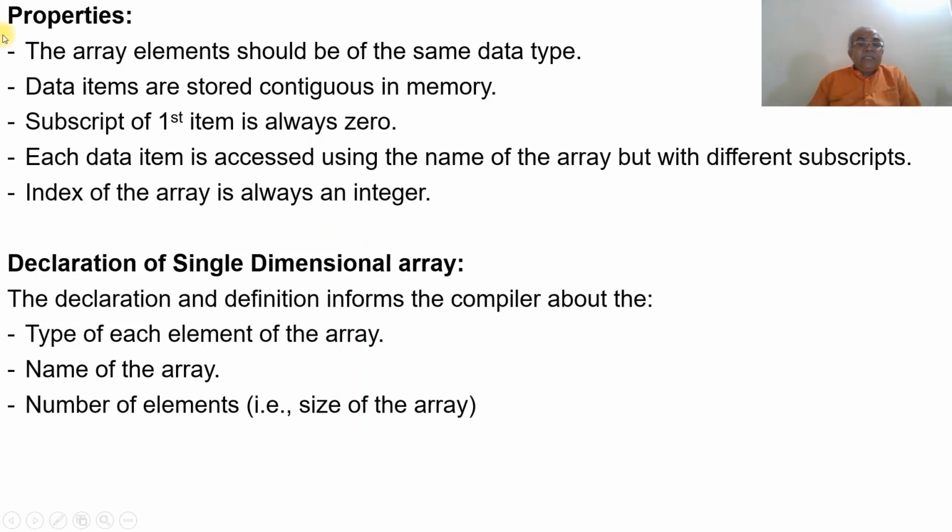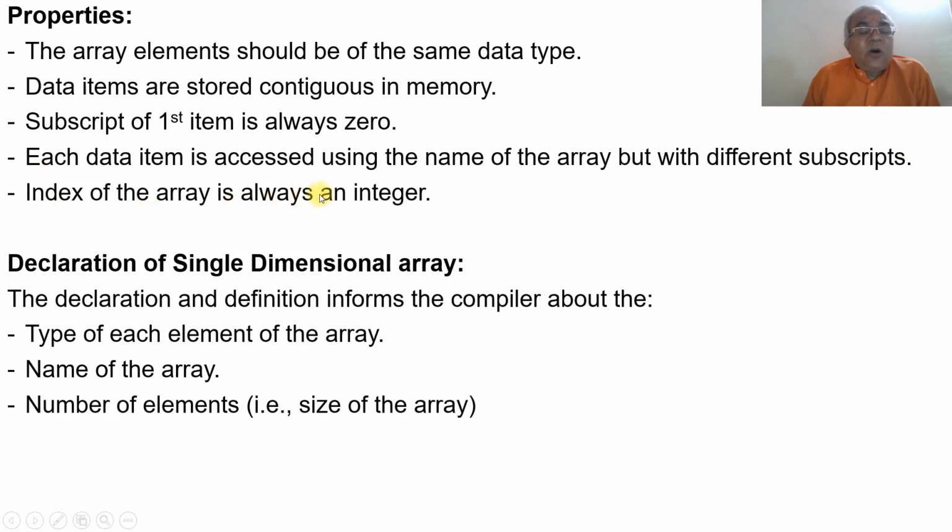Each data item is accessed using the name of the array but with a different subscript. Suppose I want to access the 5th element in an array, which will be A[4], whatever data is stored there, 50, that number will be displayed. So that is with the different subscript.